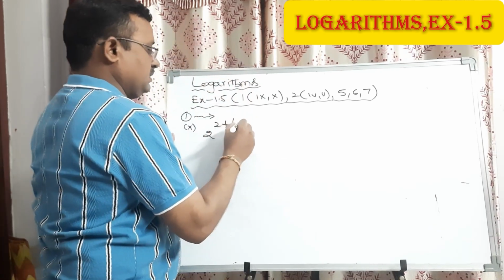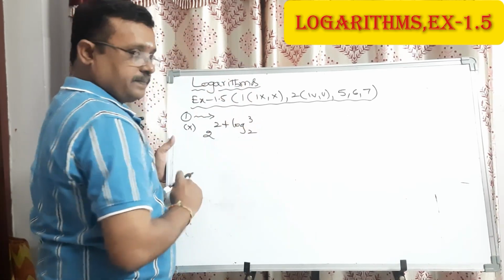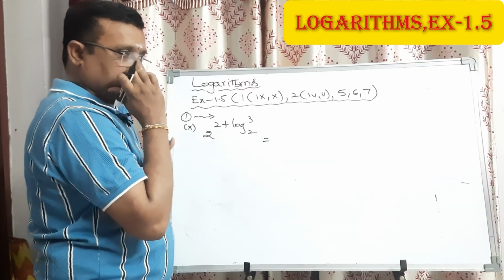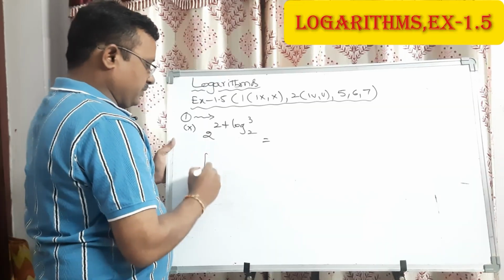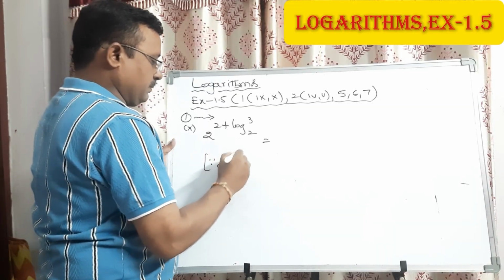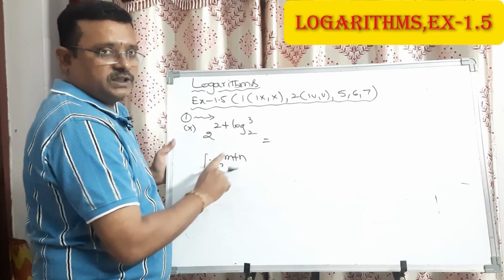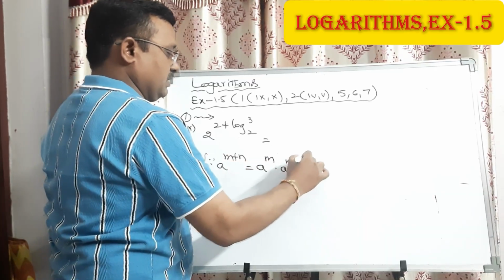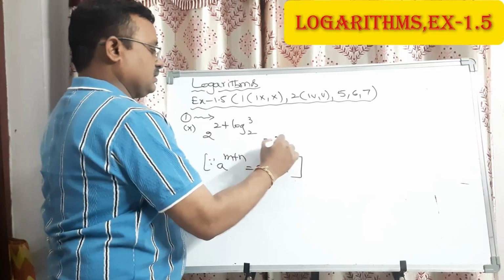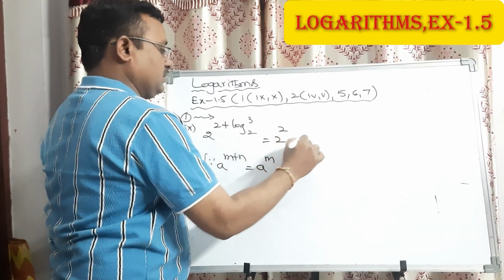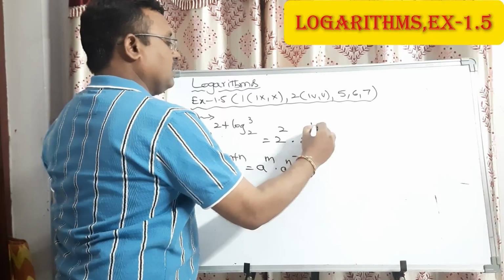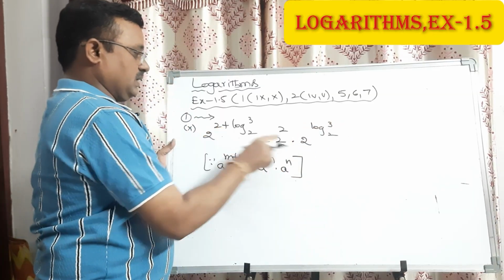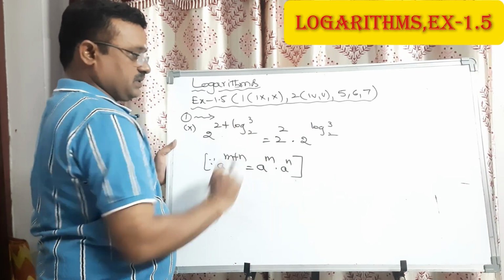Next: 2 raised to the power 2 plus log 3 base 2. We need to determine its value, so we have to simplify it. First of all, by the exponential formula a power m plus n equals a power m into a power n, everybody knows it, you write it as 2 power 2 into 2 power log 3 base 2.